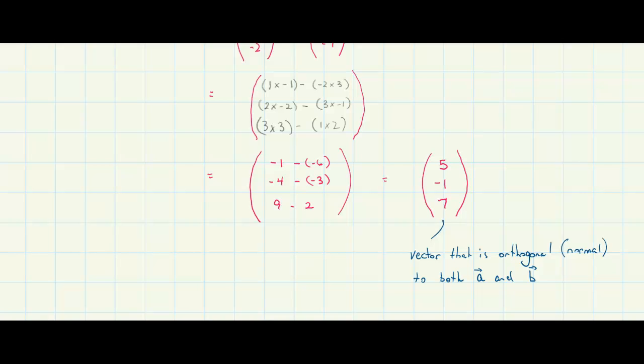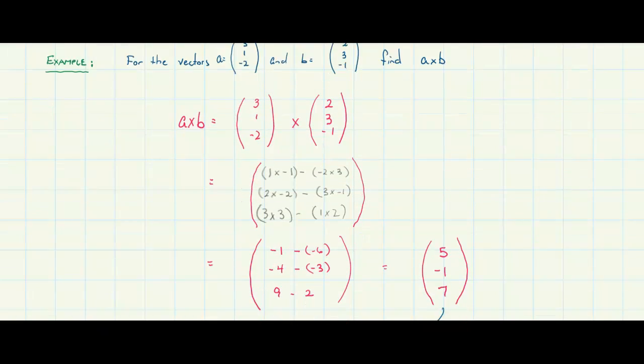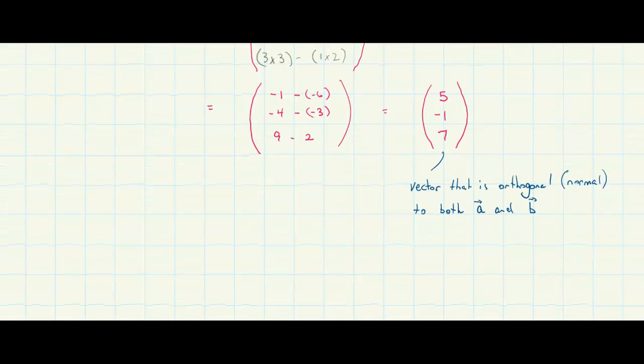Now, the magnitude of A times B will be equal to the square root of 25 plus 1 plus 49, which is the square root of 75, or 5 root 3.